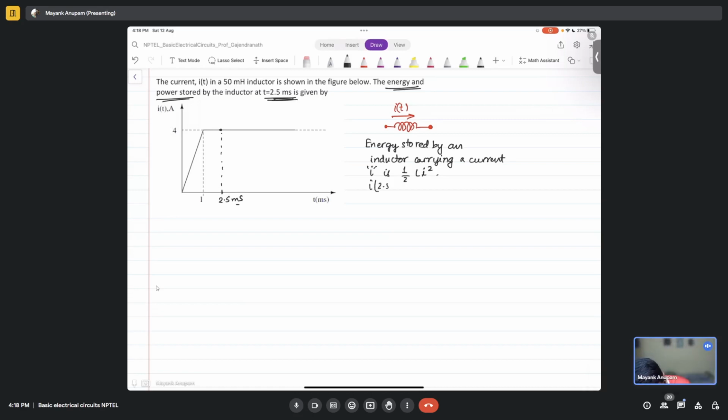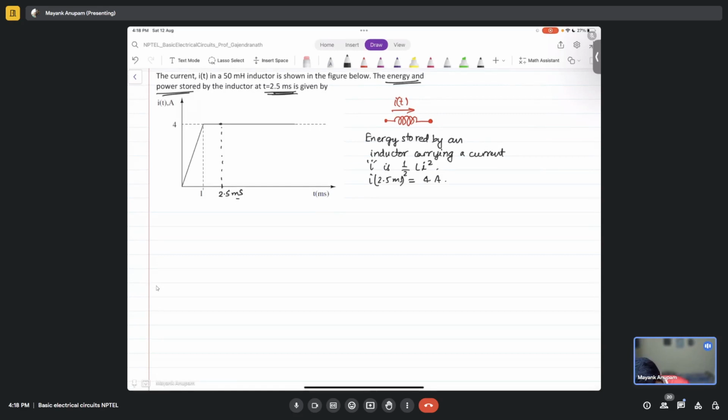So I at 2.5 milliseconds is 4 amperes. What is the energy in that case?